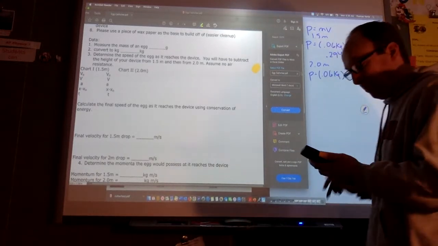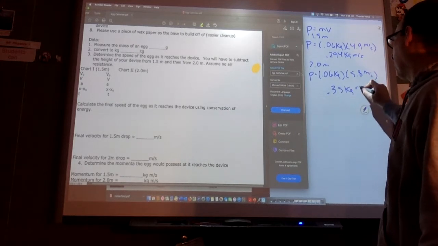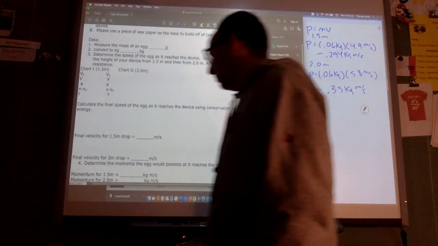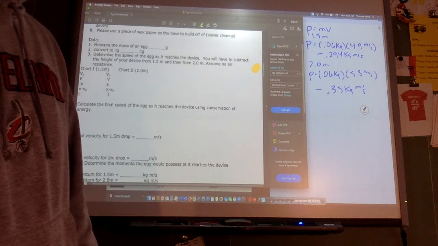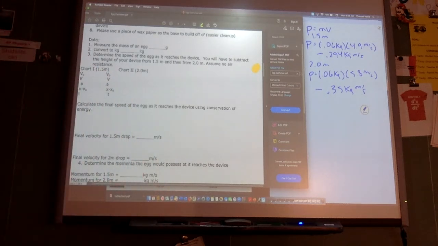So why don't I just make that 0.35? And I'm going to give both of those a negative value because it's going down. All right, so I'm going to scroll and see what they ask for next.